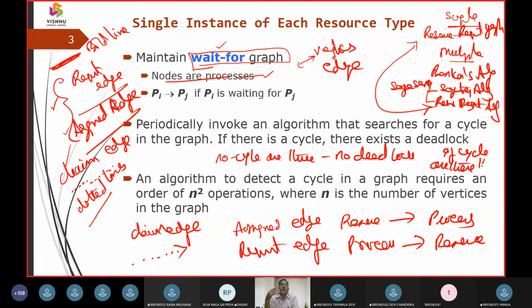Got it? So the aim of the algorithms we are going to propose is, if there are cycles, it may lead to a deadlock, so we should resolve those cycles. If there is no cycle in a graph, we can certainly say there is no deadlock.